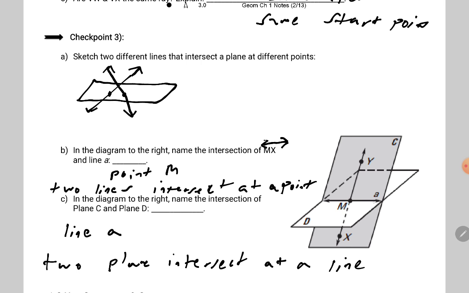And that's the only way we can label this line. We can't say AM because A is not a point. So when you're naming lines, you always have to use 2 points, or if they have this little symbol off to the side, you can use that and say line A.